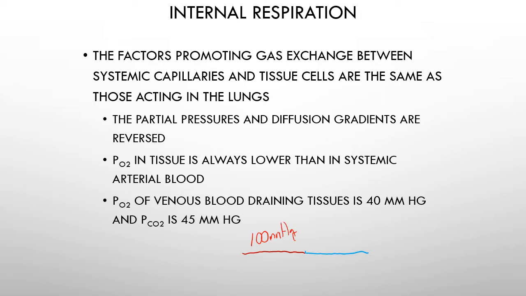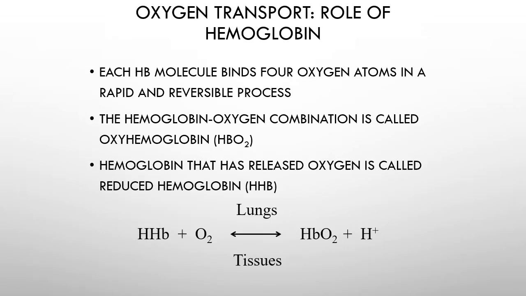And then on that venous side, we're going to get back down to somewhere in the neighborhood of 40 millimeters of mercury. And CO2 levels are going to be just the opposite. And so we're going to have a low CO2 level on the arterial side and then gain PCO2 levels on the venous side there.